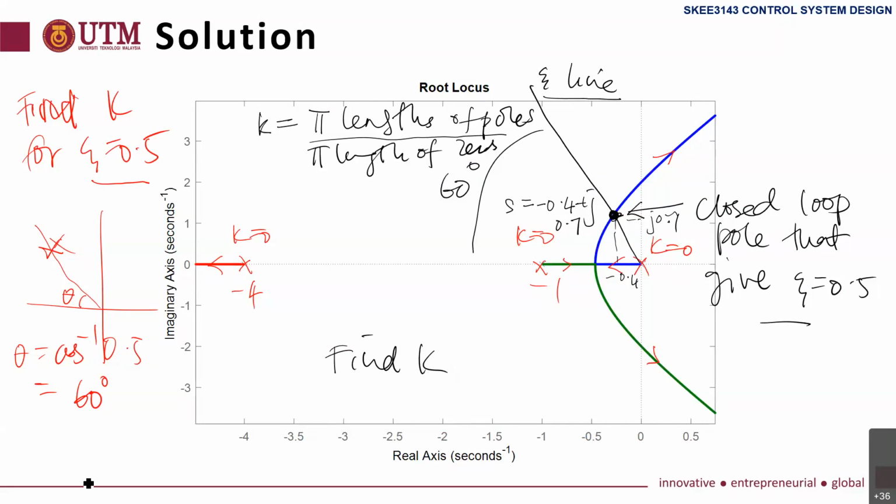So I will draw a line from this point to this pole, L1, to this pole L2, and here L3.